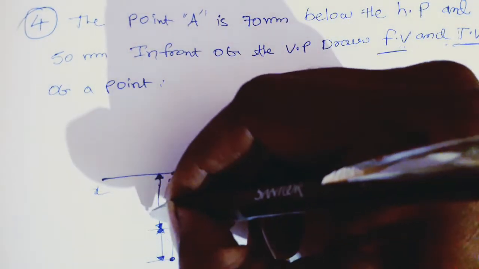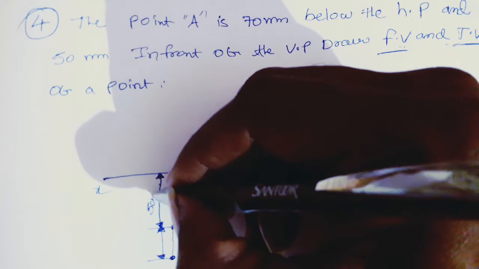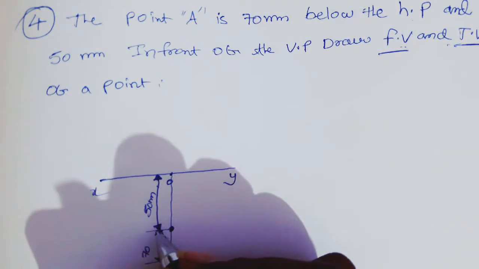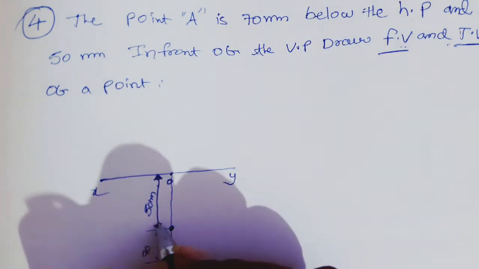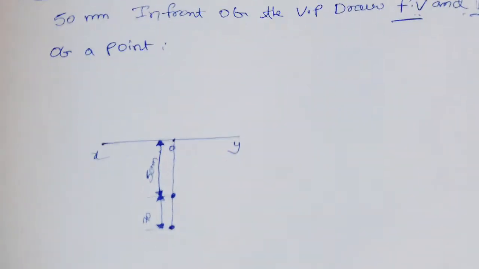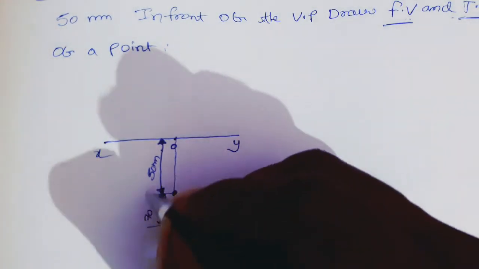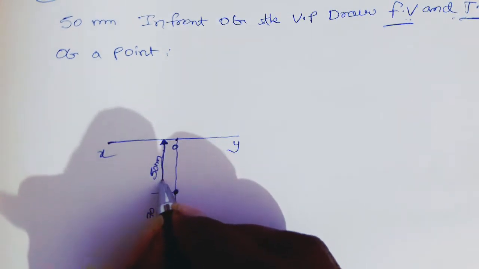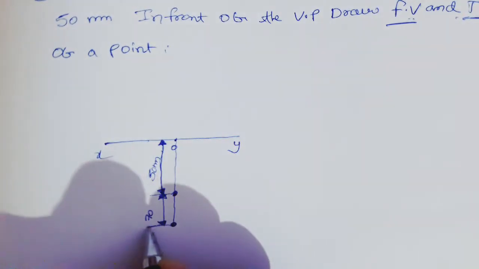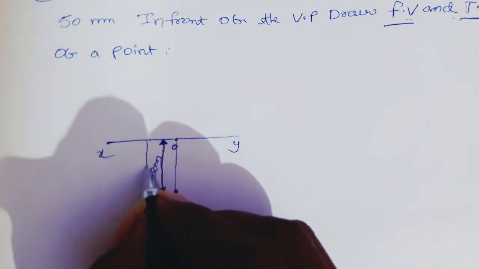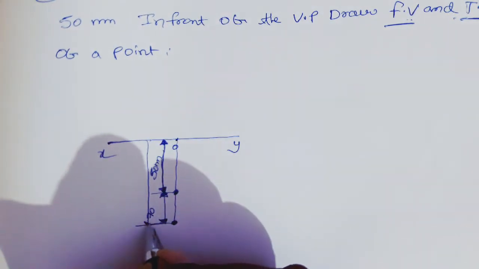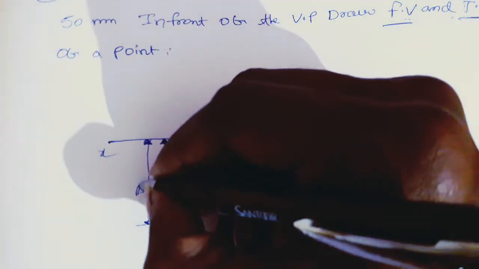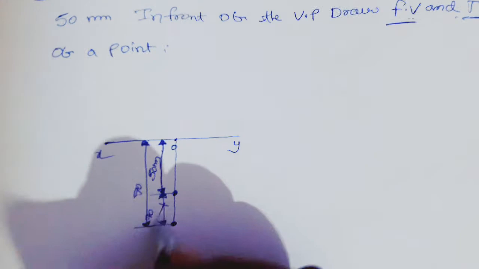If you are not able to imagine the three-dimensional rule, for the 70 mm length take another line. Don't show this one.